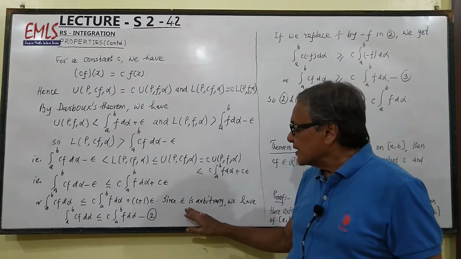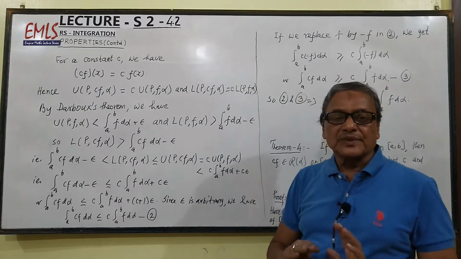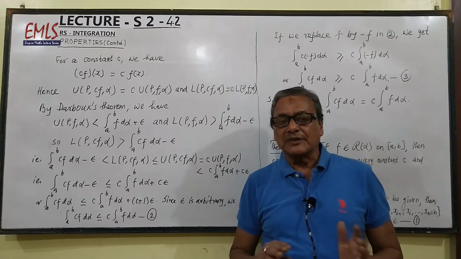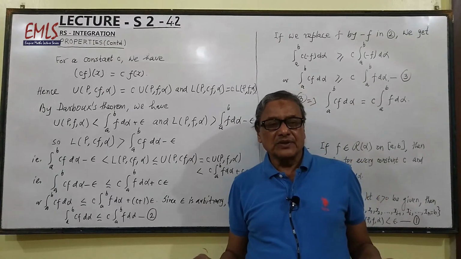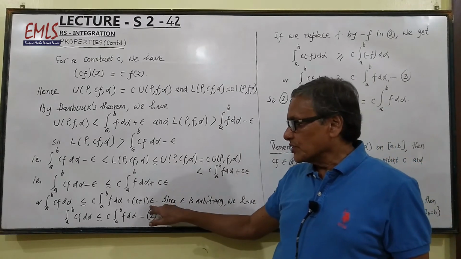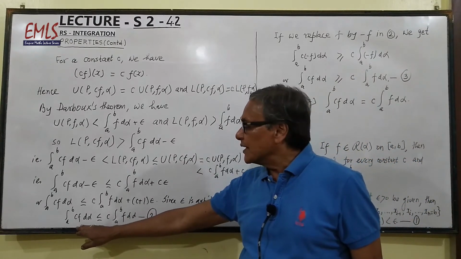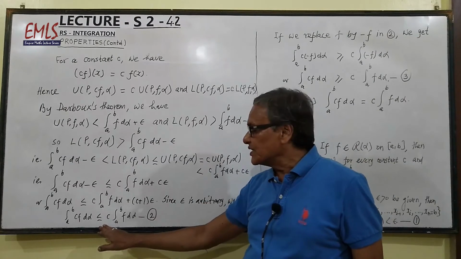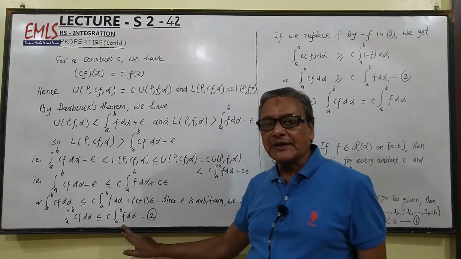But since epsilon is an arbitrary small positive number lying between 0 and 1, in particular we can take it equal to 0 also. So if we take it 0, we will be left with the integral from a to b of cf d alpha less than or equal to c times the integral from a to b of f d alpha.